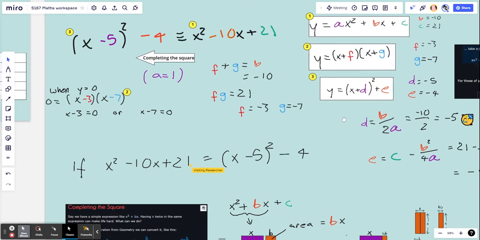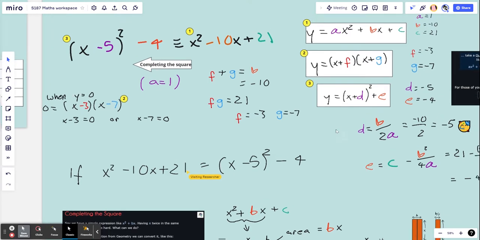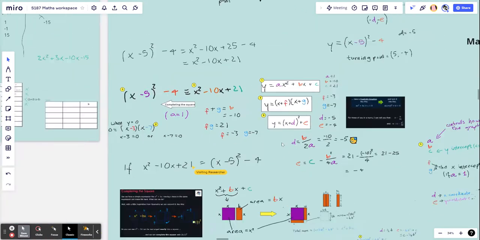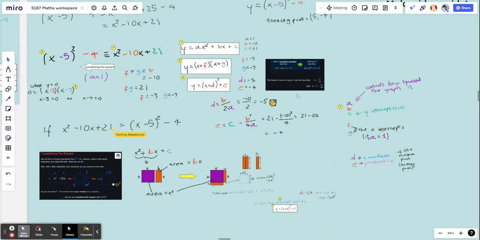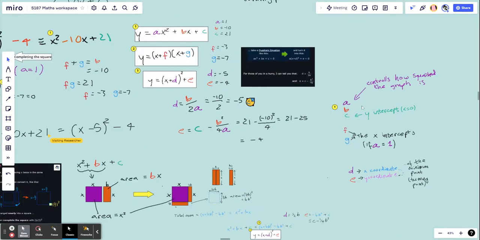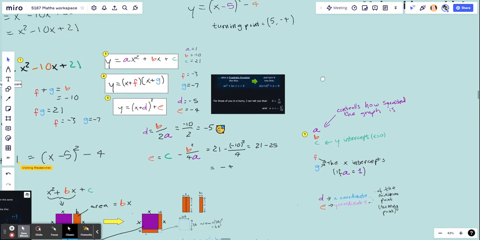Okay, so those are the three formats of the equation. What does each one tell us? Well, the A just tells us how squashed the graph is. You might get a curve like this.